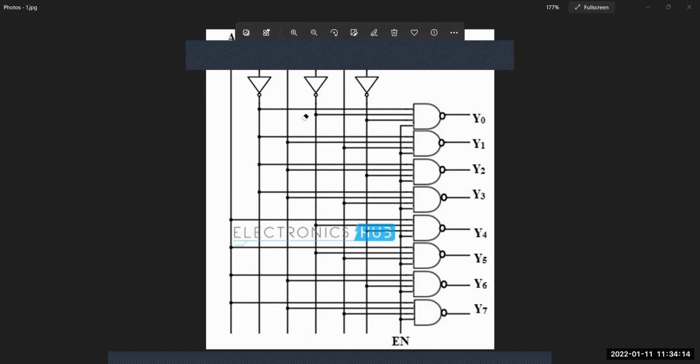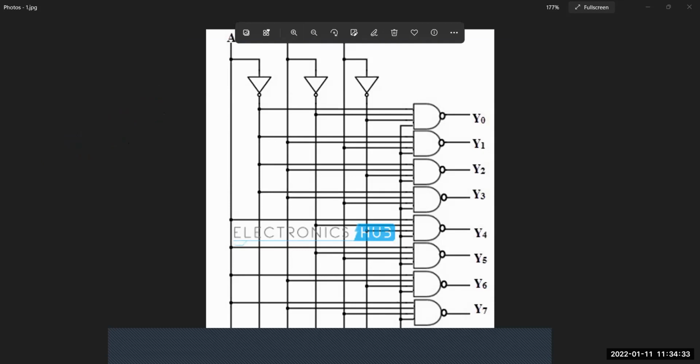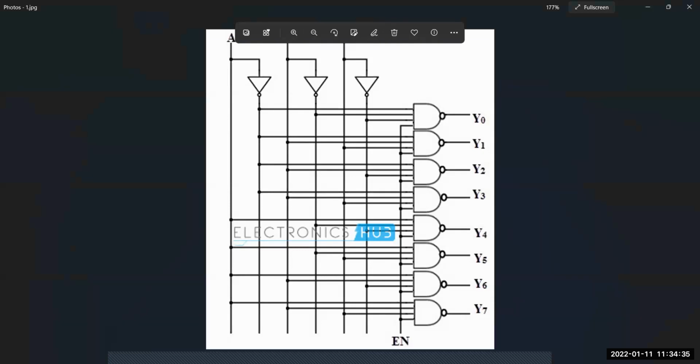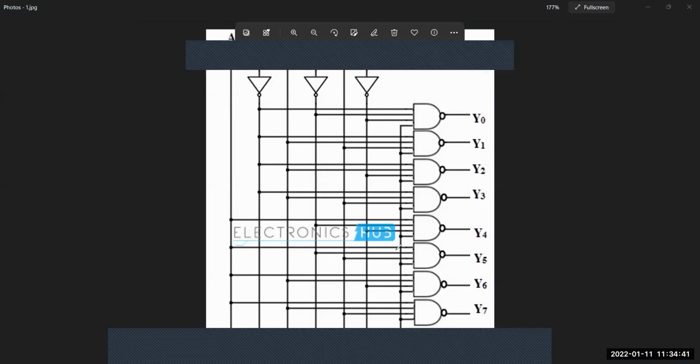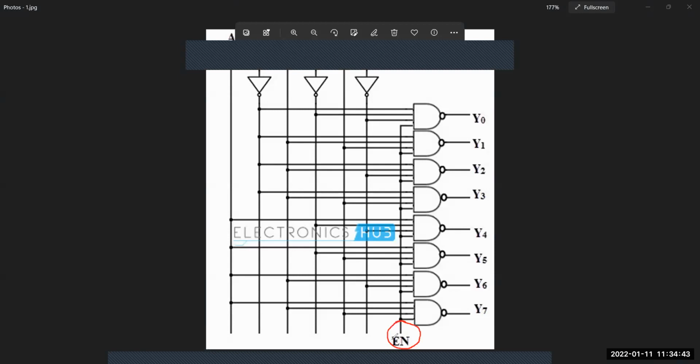Okay. Now one thing: sometimes in some decoders, there are enable inputs. So here you can see the enable inputs.